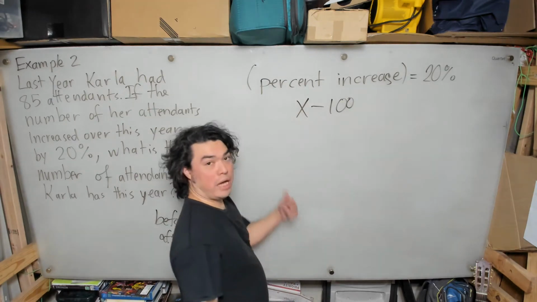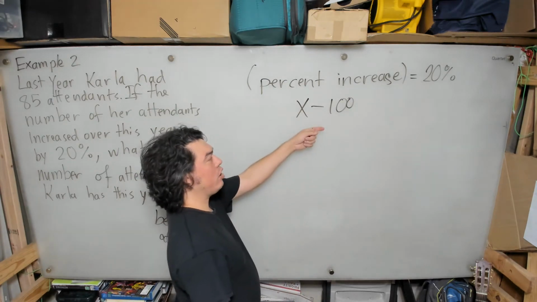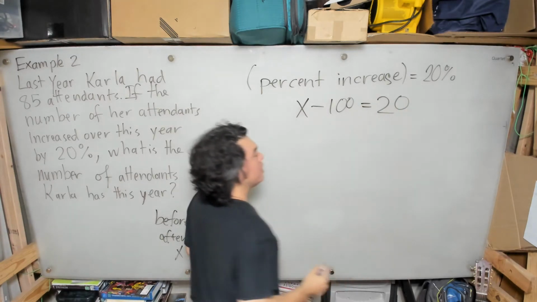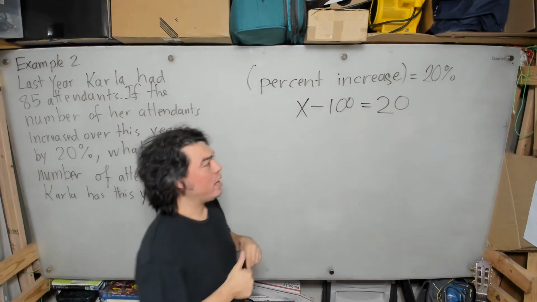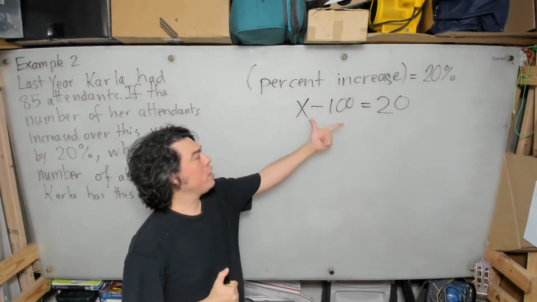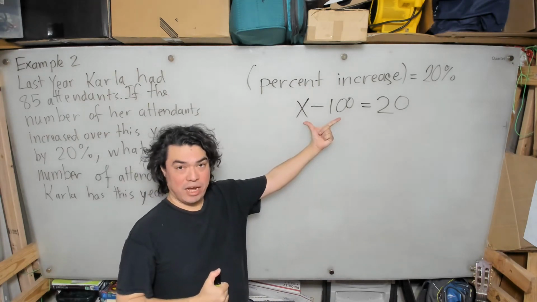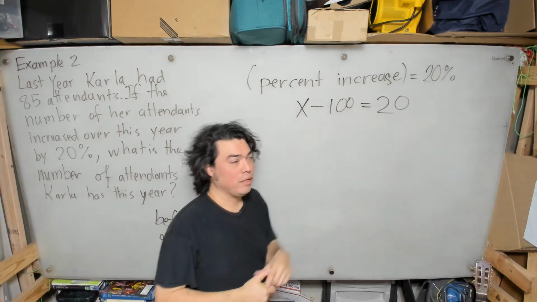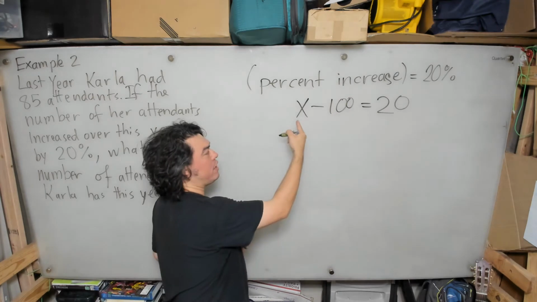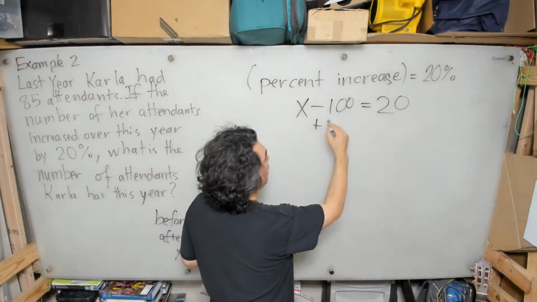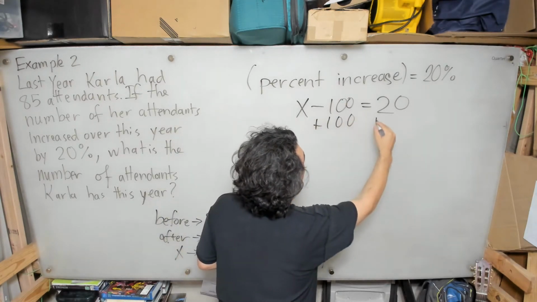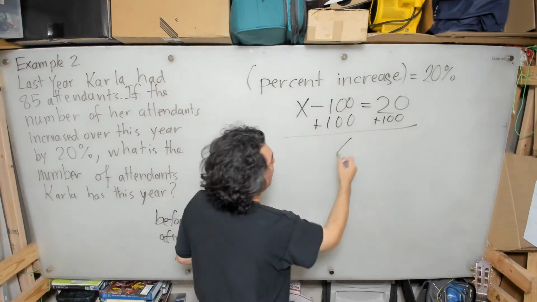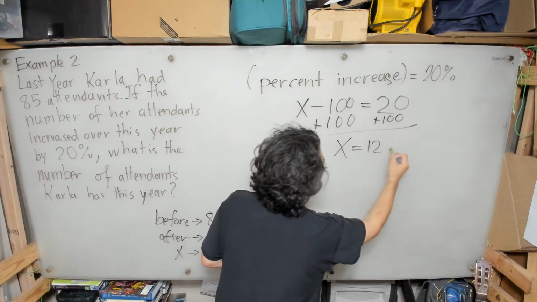So I'm going to set it equal to the 20, because when it's a percent increase, x minus 100 is the amount of that increase. In this case, that increase is 20. Now I'm going to be able to find out what my x is. Well, I can add 100 to both sides, and so I'm left with x equals 120.